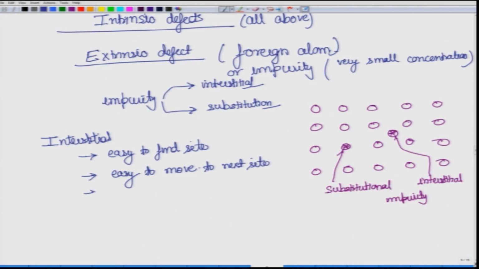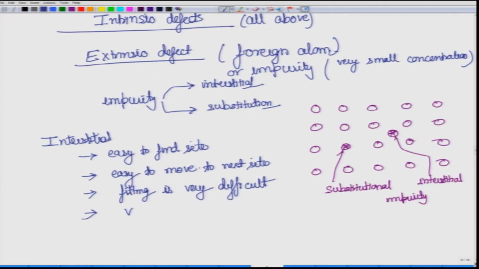However, like I said, the size over here is very small, therefore, fitting is very difficult. And whenever there is an atom over here in the interstitial, the atoms around it, the host atoms, will get displaced from their position, and this displacement would be really very large in value, something like 10%, 20%, some very large strains.